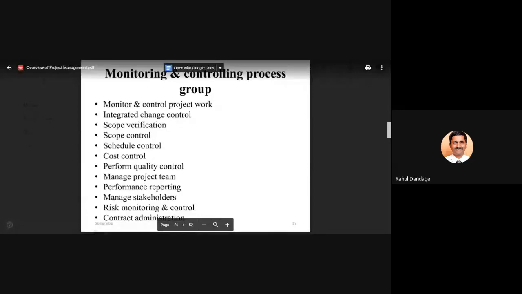So that's why this monitoring and controlling process group has a very, very important role in your entire project, because this is going to monitor the progress as far as your scope, schedule, and cost is concerned, and then it will be having the controlling mechanism to keep the things within the scope, within the schedule, and within the cost or budget.